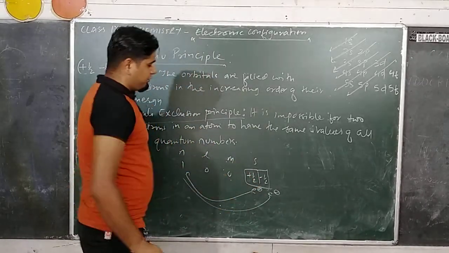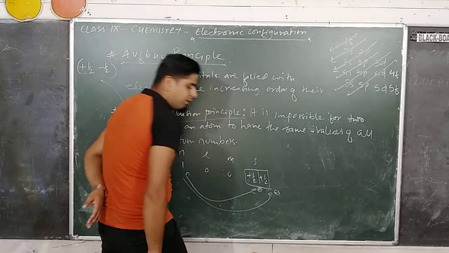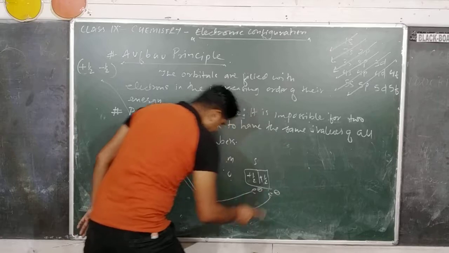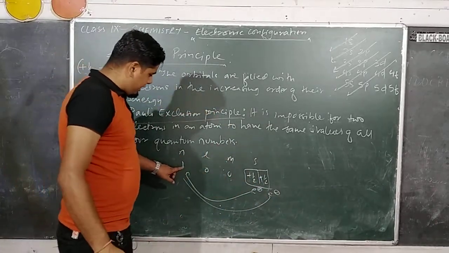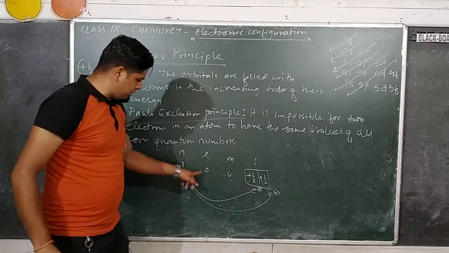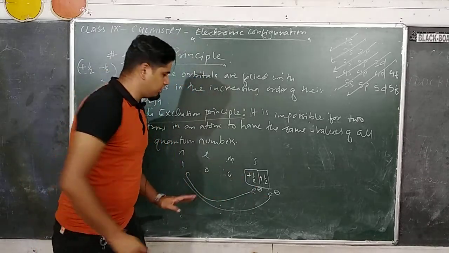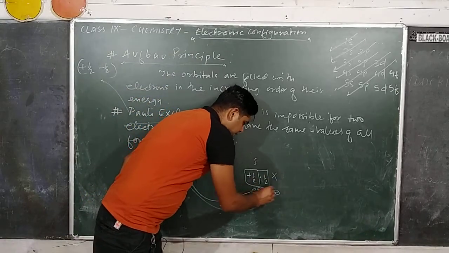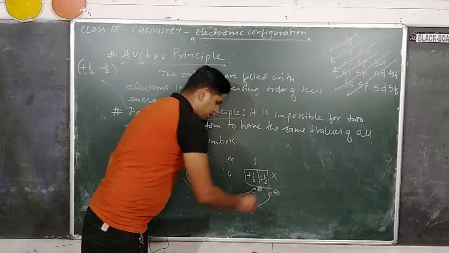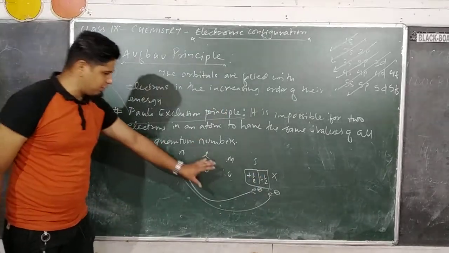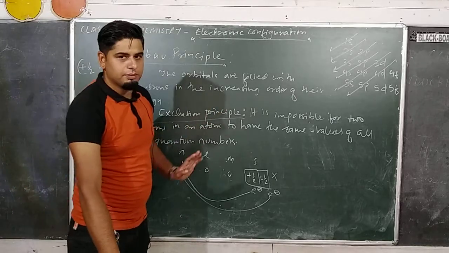For this electron, the spin quantum number cannot be plus half, because if it is so, then all the sets will be the same: 1, 0, 0, plus half for this electron and 1, 0, 0, plus half for the other. So this cannot be the case. If one is plus, the other should be minus. This is what is said by the Pauli exclusion principle.